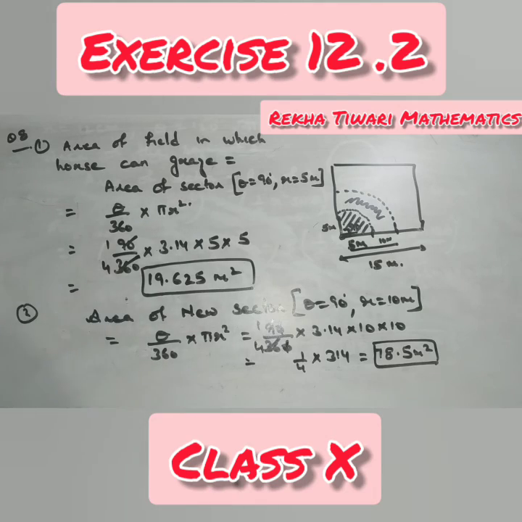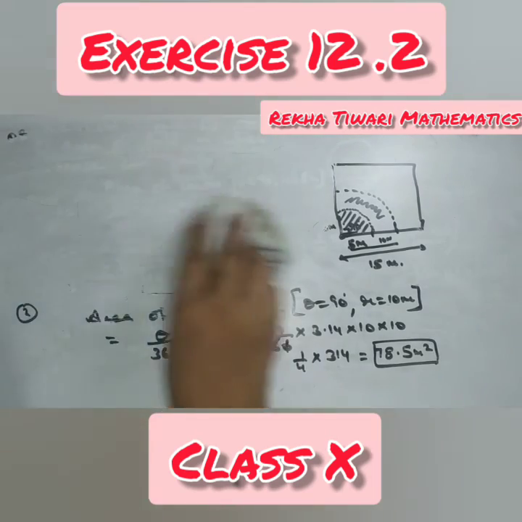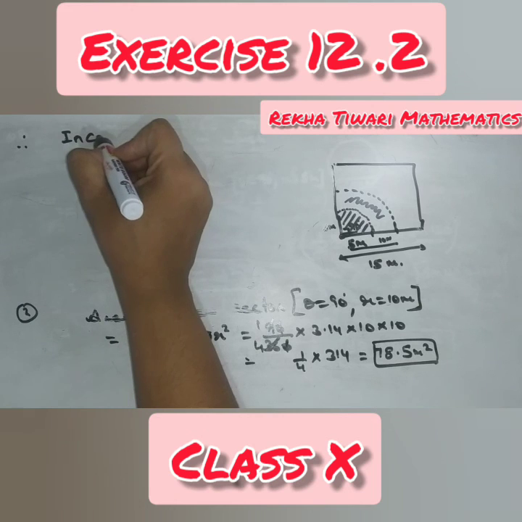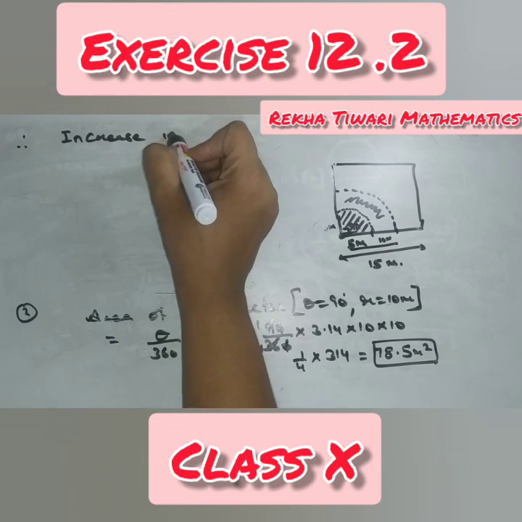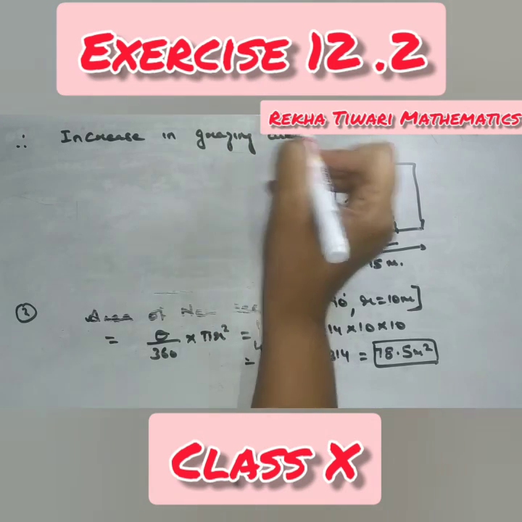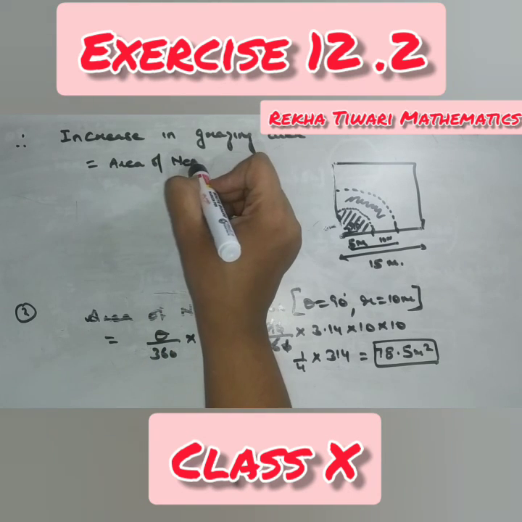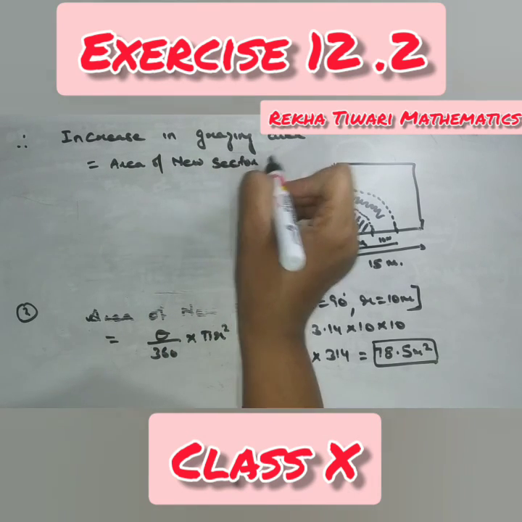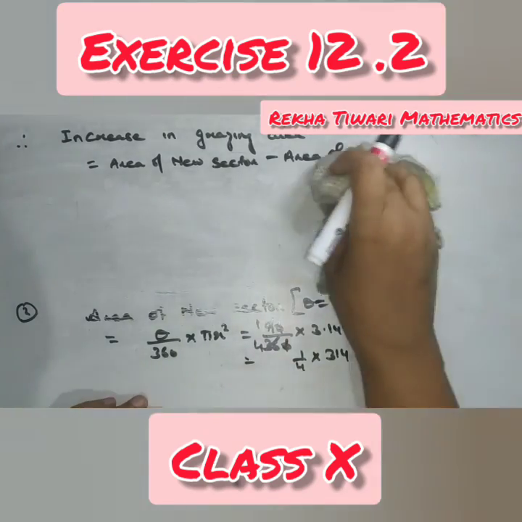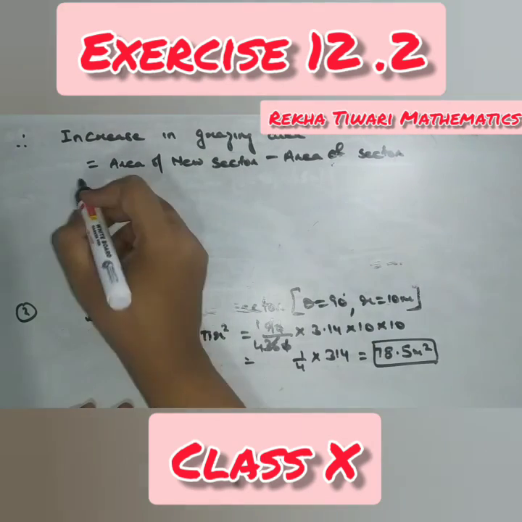Therefore, increase in grazing area is equal to area of new sector minus area of sector solved in the first part.